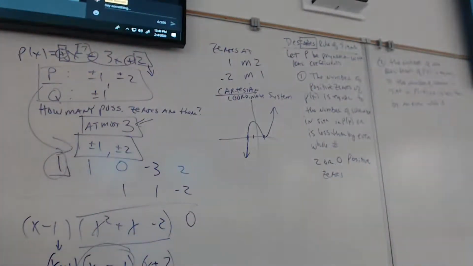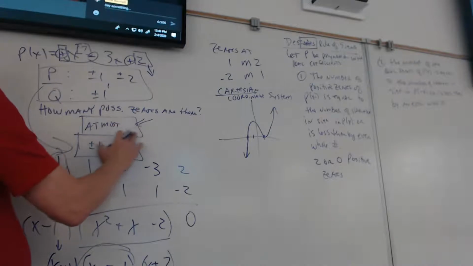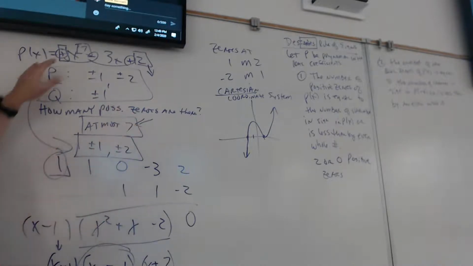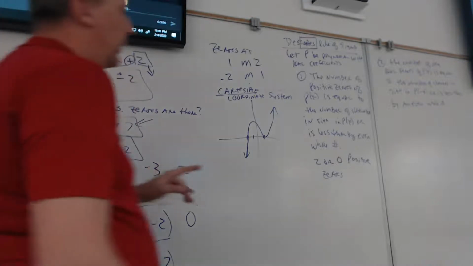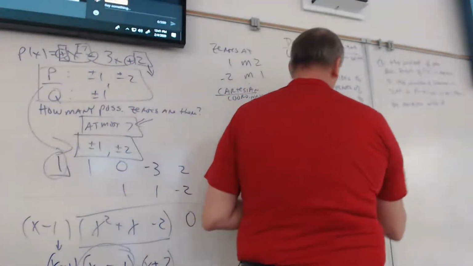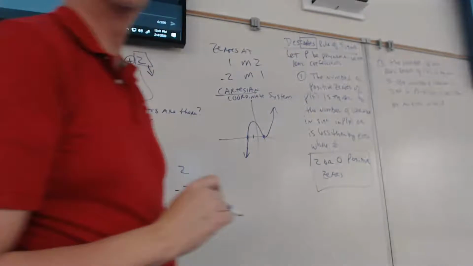So essentially what that means, I'm going to leave this x to the 7th here for just a moment. With an x to the 7th here, how many possible zeros am I going to have? Should we go back to Nathan? Oh, 7. We're going to have 7. According to Descartes' rule of signs, I've got 2 changes in sign, so I'm going to have 2 or 0 positive zeros.